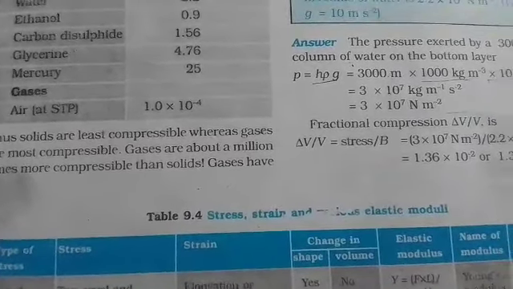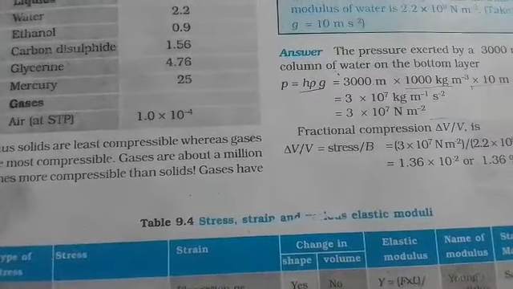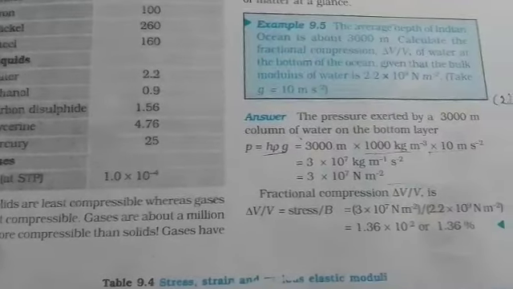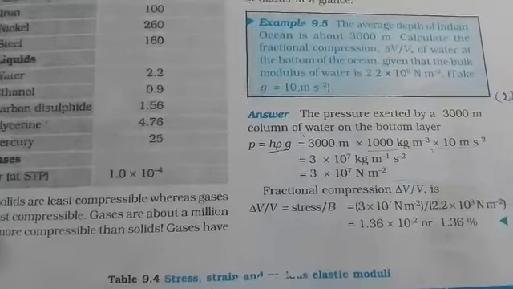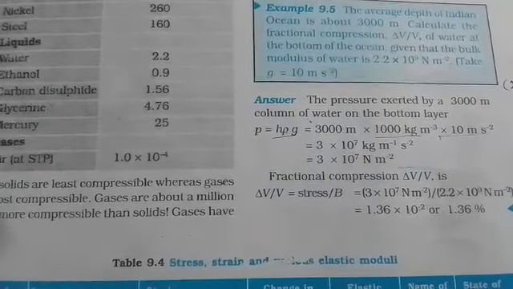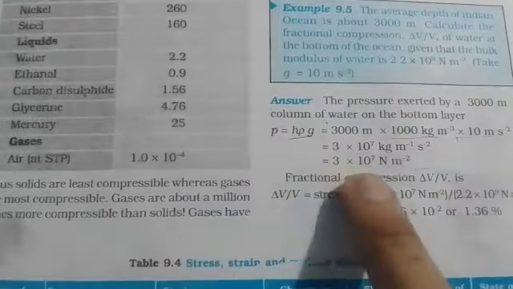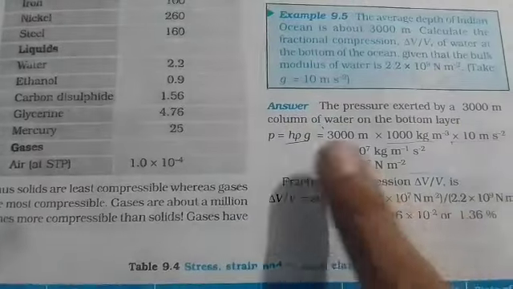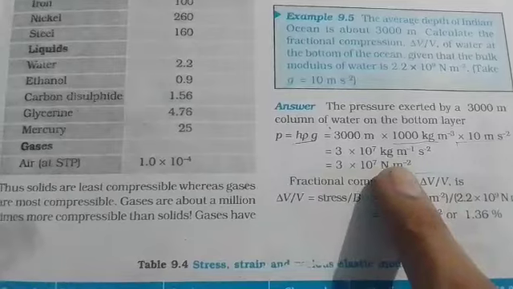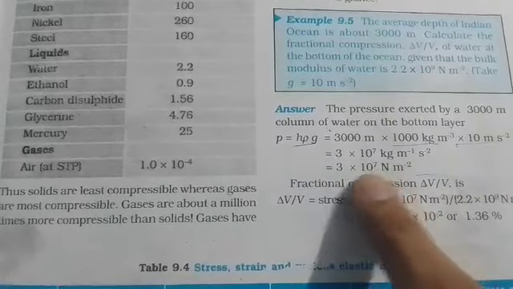Now we need to find out the fractional compression, that is del V by V. So del V by V will be equal to stress divided by B. The stress is found to be 3 into 10 to the power 7. This is the pressure, or the force per unit area.